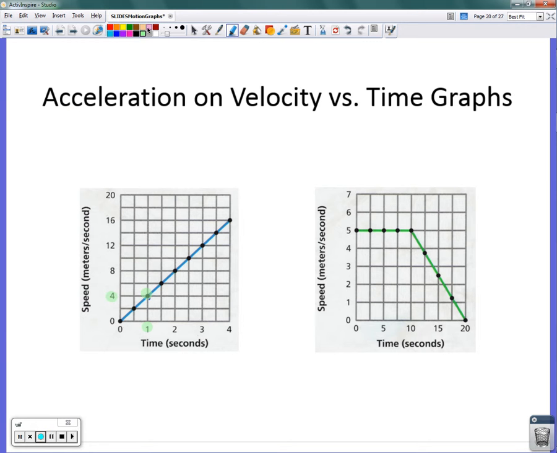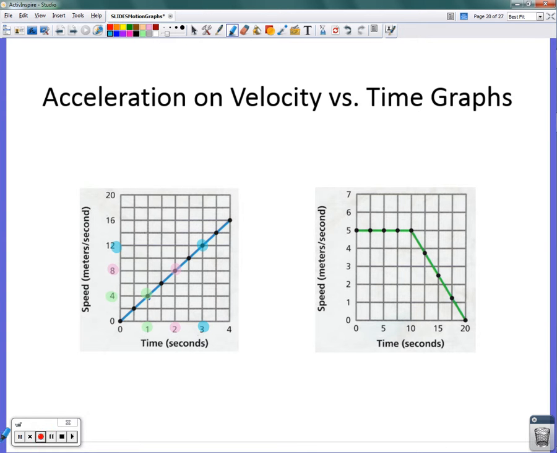But at 2 seconds, now it's going 8 meters per second. And at 3 seconds, now it's going 12 meters per second. So this object keeps going faster and faster and faster, positive acceleration implying that it is speeding up.